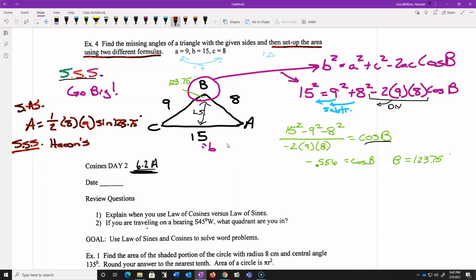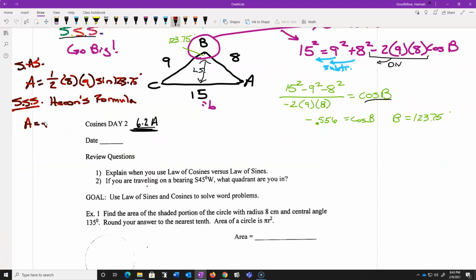Some people call it Hero's; you might have to look it up. Keep in mind this is like a 3,000-year-old equation. Somebody who came up with this is totally awesome.